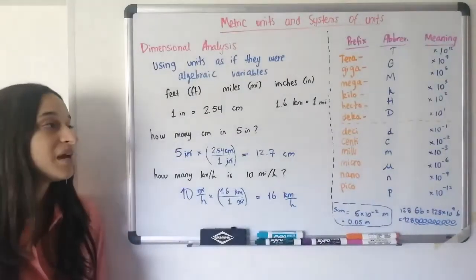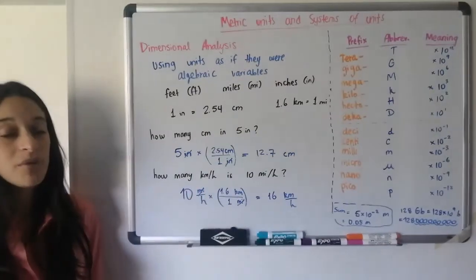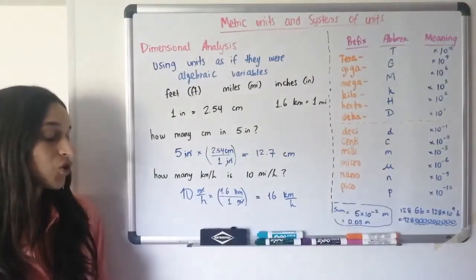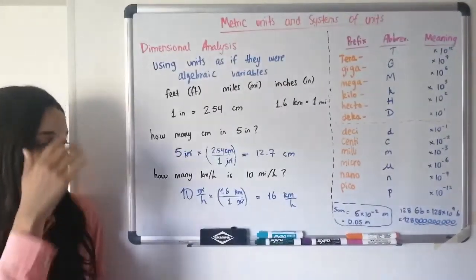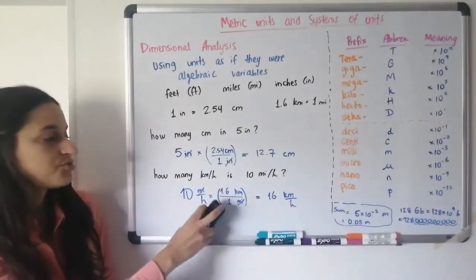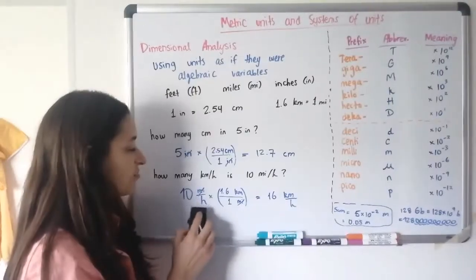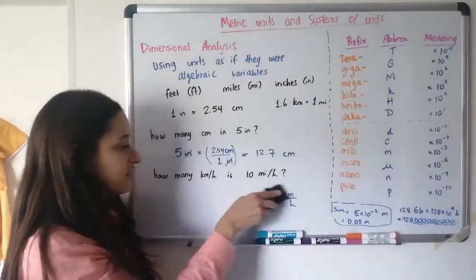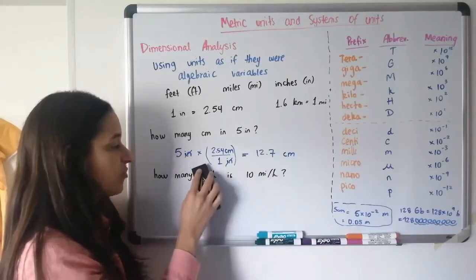So maybe just by looking at this, you know that you need to multiply by 1.6, but maybe you don't. So in what case would you need to divide by 1.6 instead of multiply by 1.6 if we were doing this backwards? So make sure you pause or take notes of this, because I'm going to erase it and see what happens if instead of passing from miles per hour to kilometers per hour, we wanted to do the opposite.